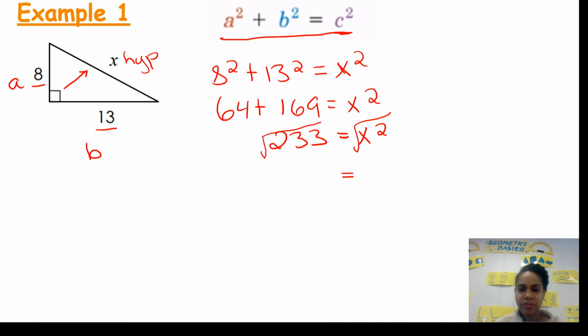Gets rid of this 2 here. We're left with x equals the square root of 233, and that is 15.3. So in your calculator, you would just leave it as 15. Put it in, and then you would get 15.3. All right, so that is my answer for number 1.